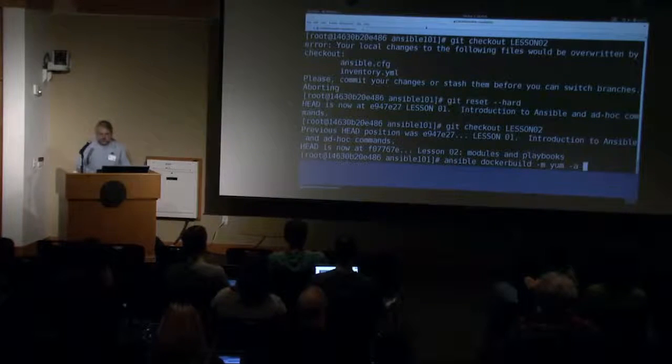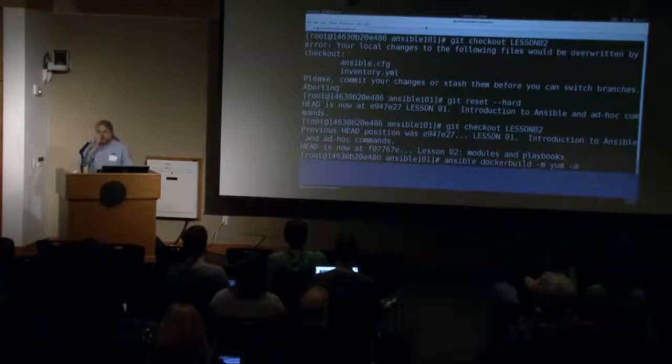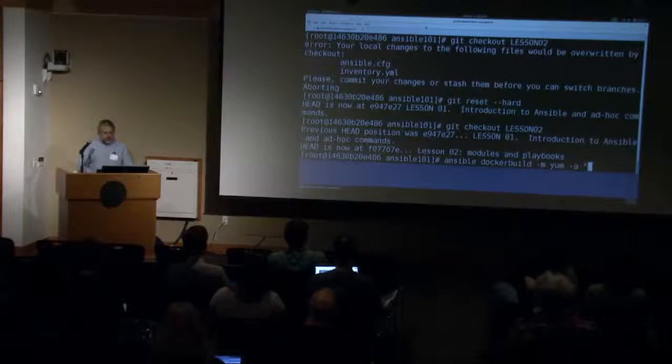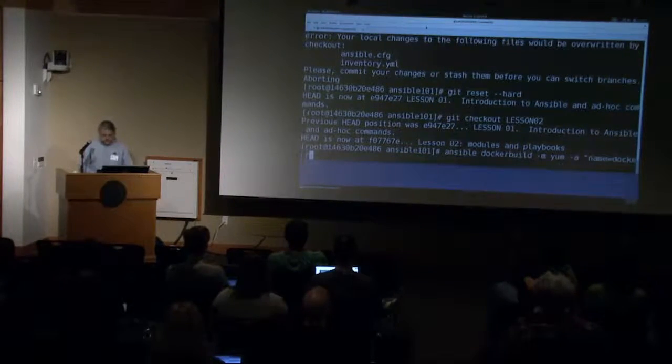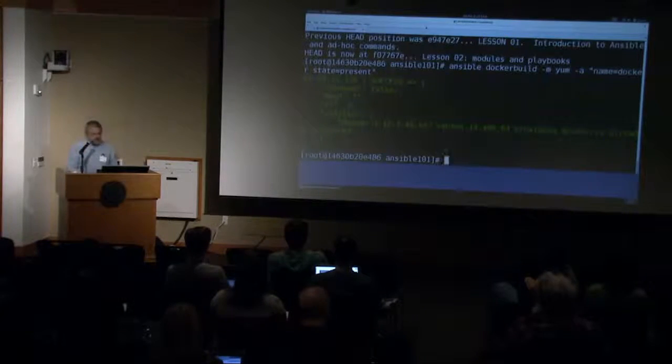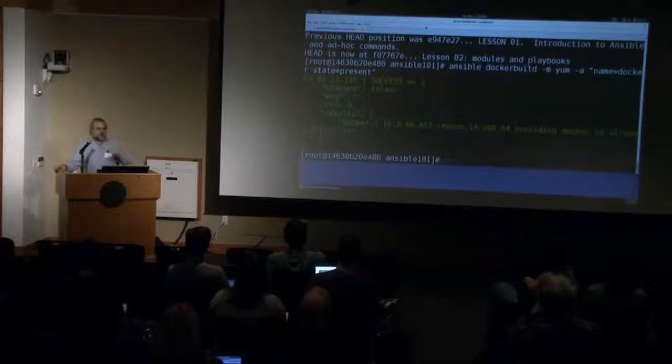Okay, so now I'm calling the yum module here. And the yum module installs things on CentOS and RHEL systems because it calls yum. But I have to actually give it some parameters. Now, this actually demonstrates a couple of things.